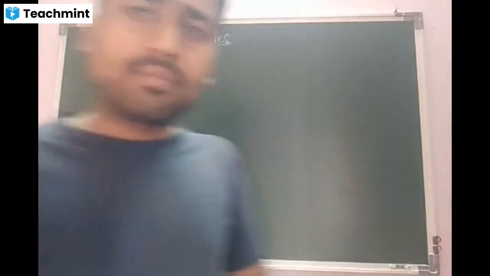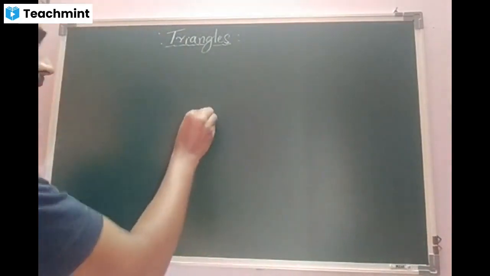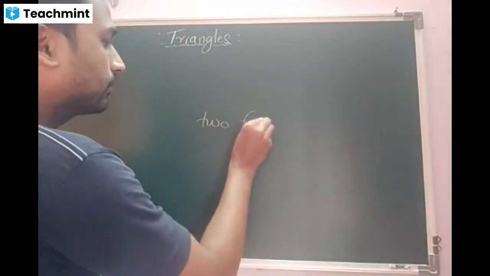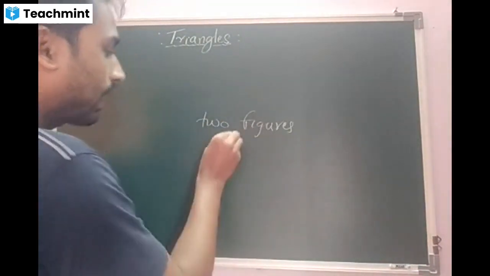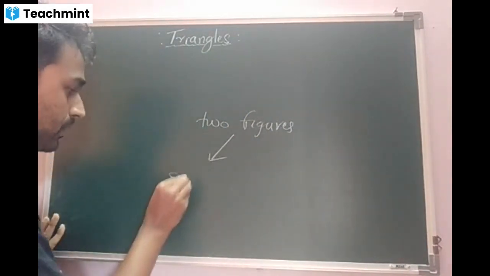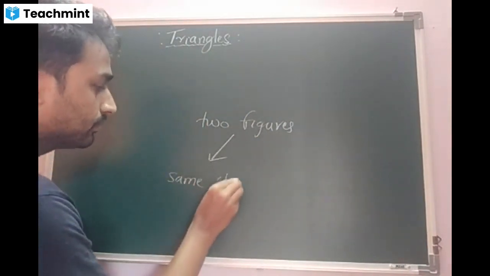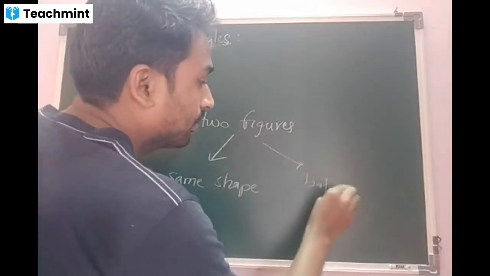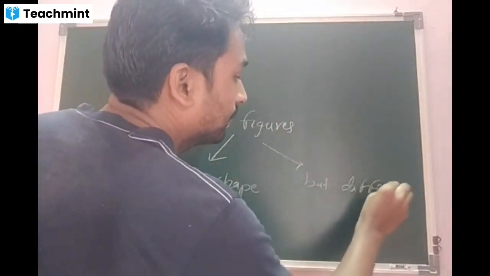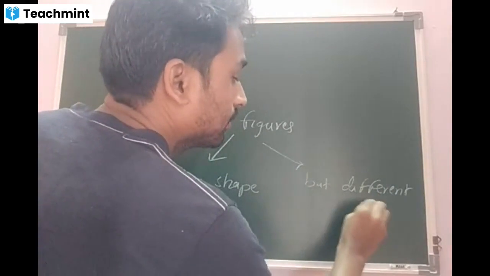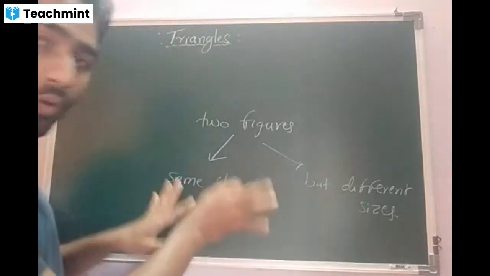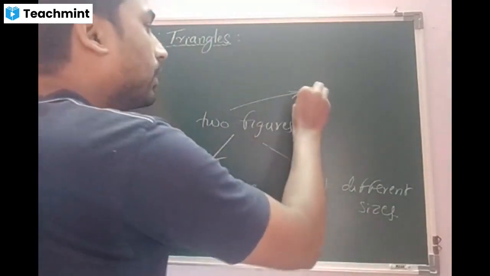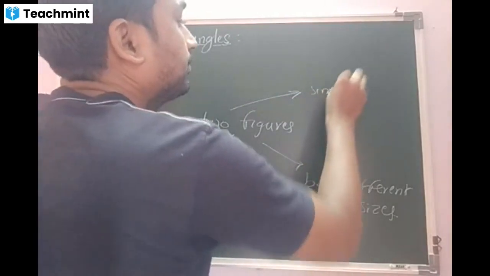So, in general, two figures having the same shape but different sizes are called similar figures. Is that clear, beta?